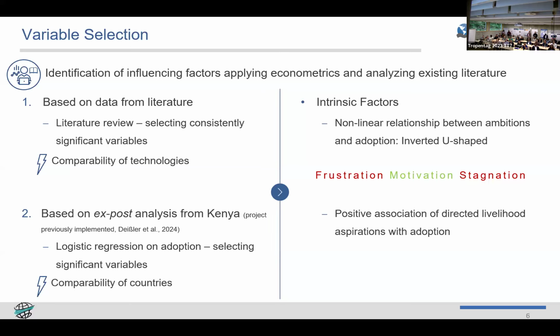Then we have the motivation stage in the beginning and the middle. And in the end, the stagnation, if it's quite close to each other and they are not really motivated to implement some changes to get to this aspired level. And then we have also the aspirations and their relationship with the adoption in our model.